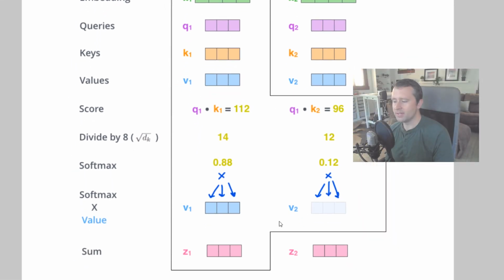And then we'll sum those together to create this final z vector.